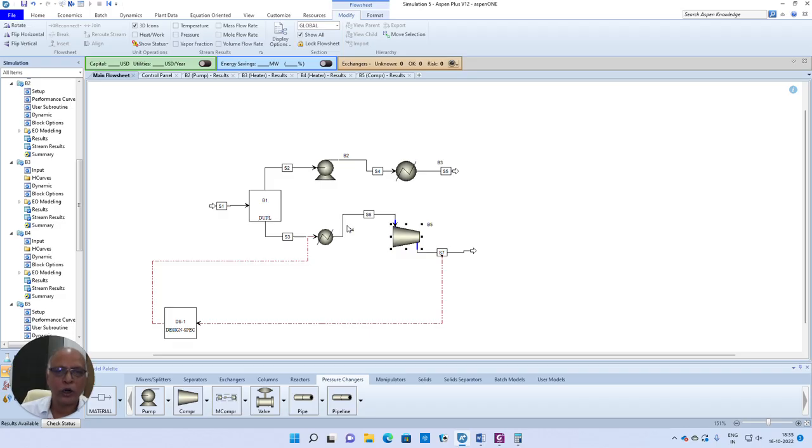Probably you might have done several problems in your thermodynamics course. According to the first law of thermodynamics, the energy required between the same two end states. For example, in the first option, we are changing the state of ethyl benzene from 77 degrees Fahrenheit, 14.7 to 752 and 73.48. And in the second option also, the initial state and final state are the same, but the path is different.